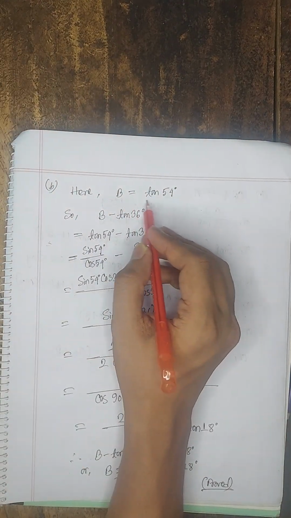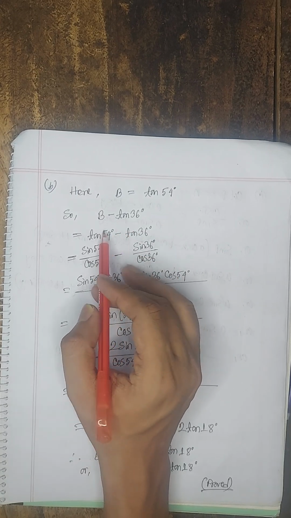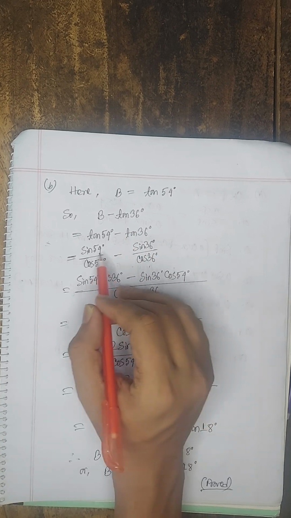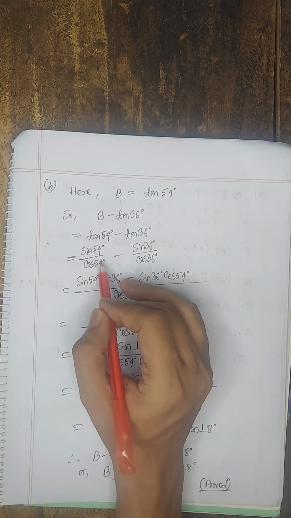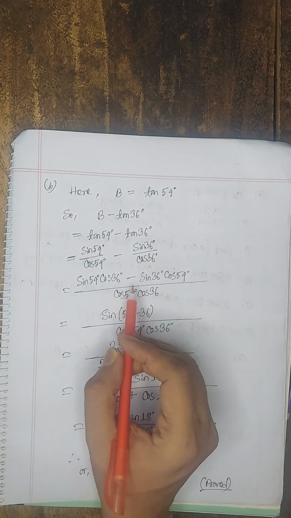Okay, now second part. We are given b is equal to tan 54. Now b minus tan 36, we can substitute b by tan 54 and minus tan 36. For tan 54 we get sin 54 by cos 54 minus sin 36 by cos 36.